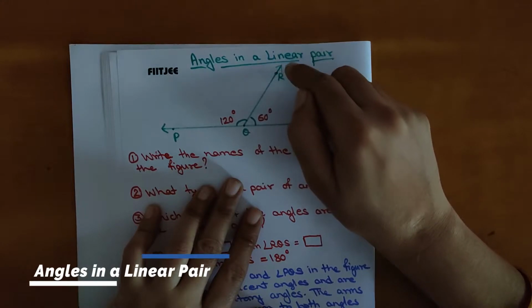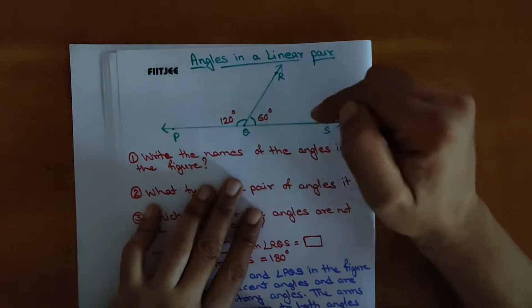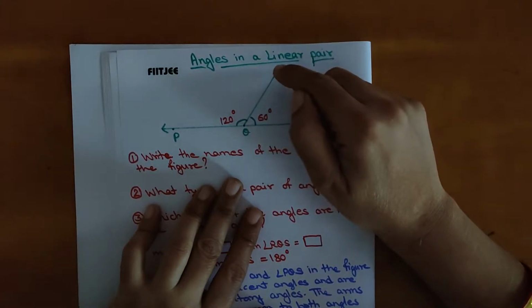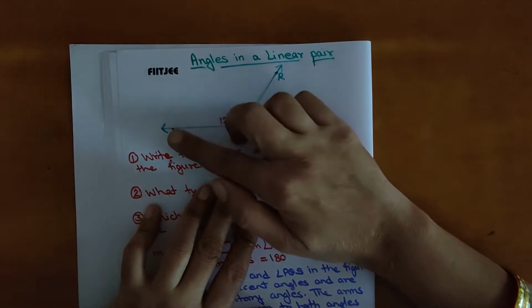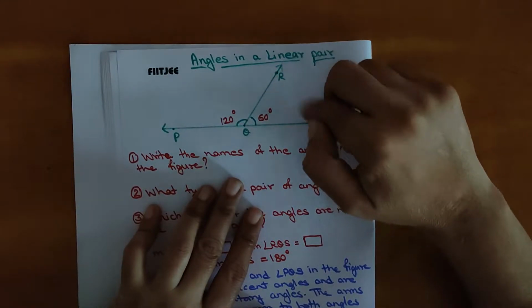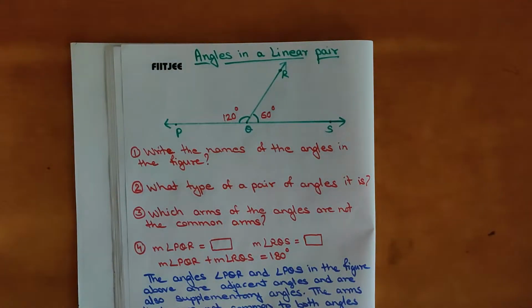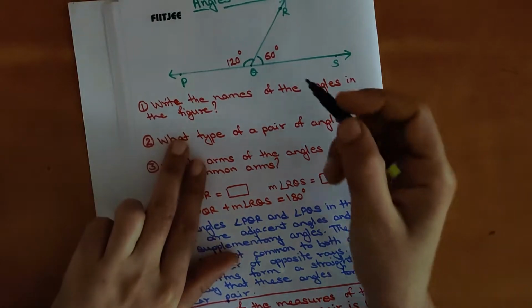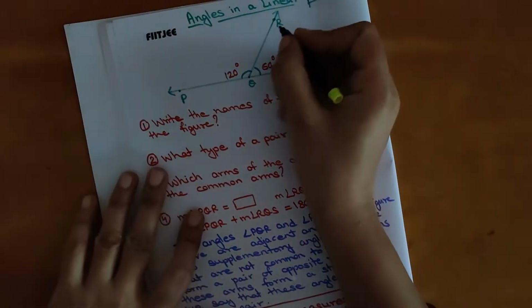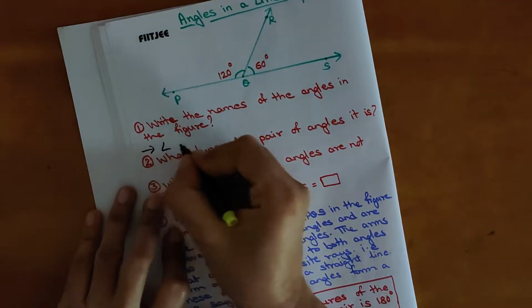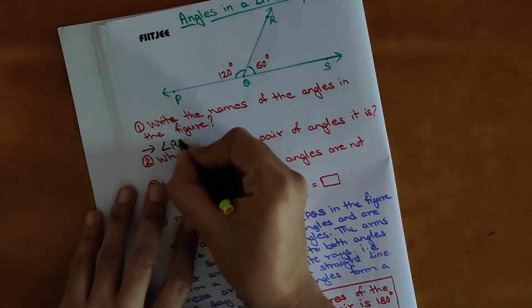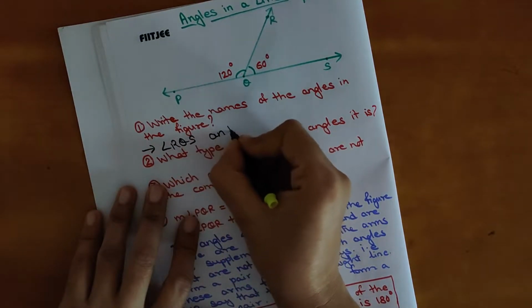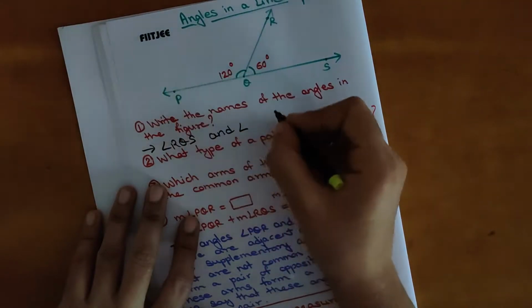If you see here, angle RQS and angle RQP, they are in the straight line. Okay. Now we will go for some questions which are given in the textbook. Write the names of the angles in the figure. So here we can say angle RQS and angle RQP.